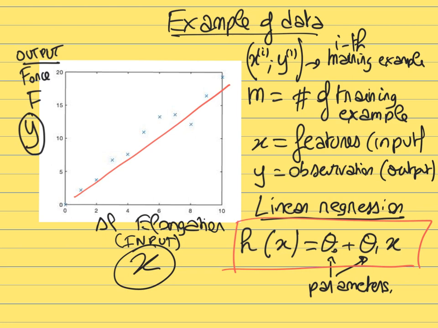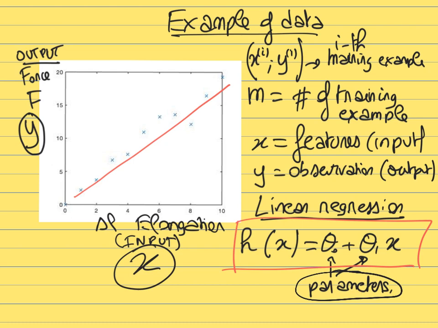So when you are doing a linear regression, you assume that the relationship between input and output is linear. That's the only kind of relationship that linear regression will be able to tell you. The goal of linear regression is to find the best value of the parameters, in this case theta 1 and theta naught, that gives you the best prediction for y.